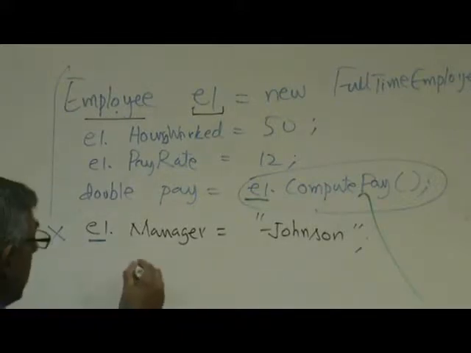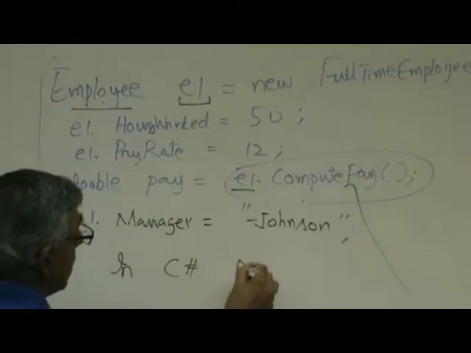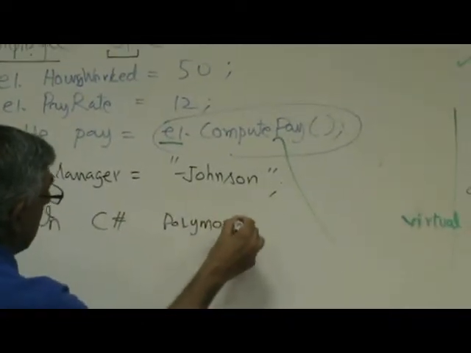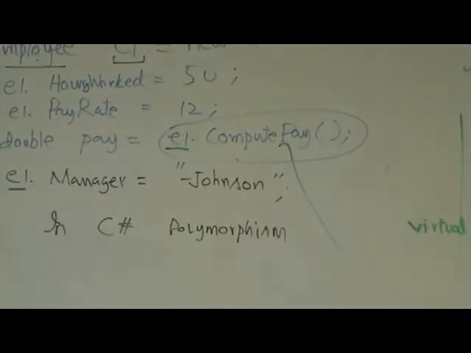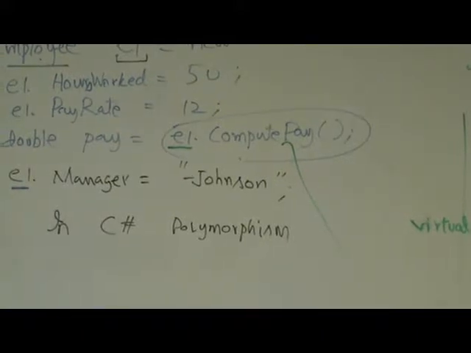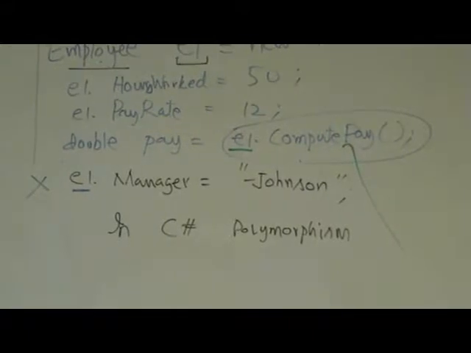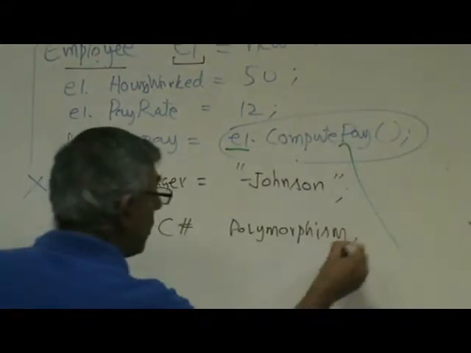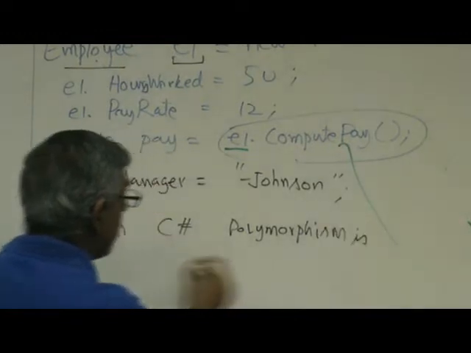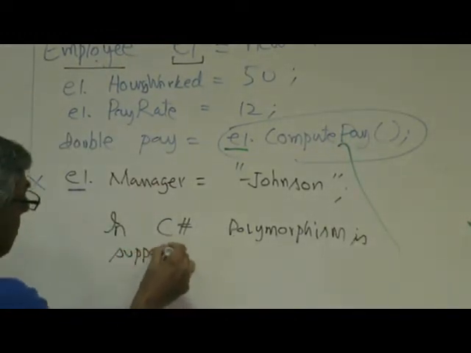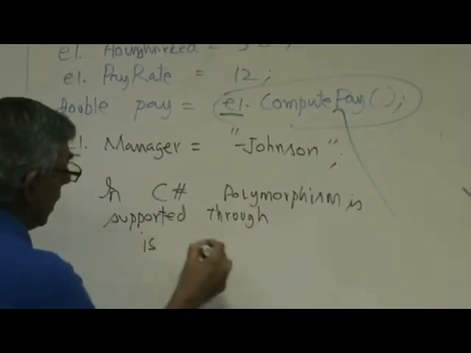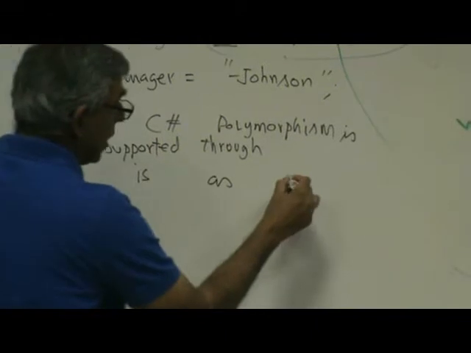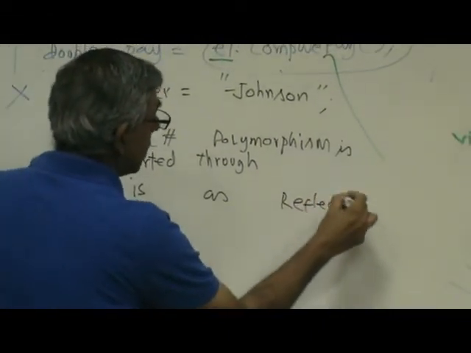So in C#, there is polymorphism at runtime, so that we can access a field which was added in the derived class, or call a method which was added in the derived class. This polymorphism is supported through how many keywords? Three keywords again: the is operator, the as operator, and plain reflection.